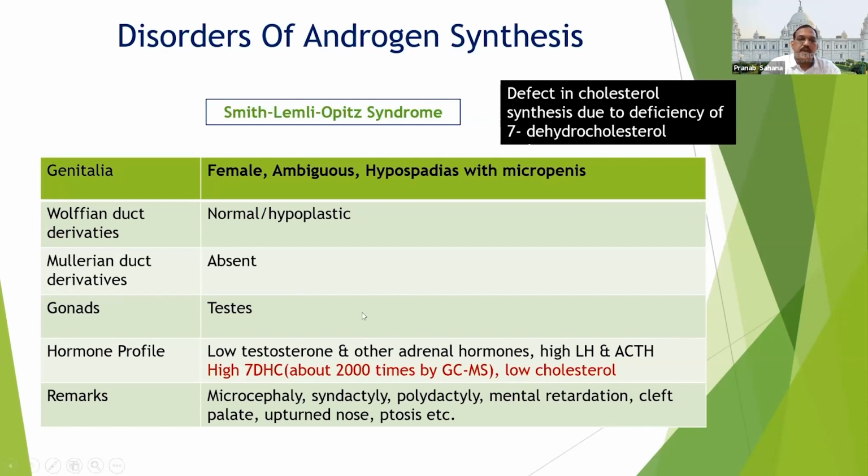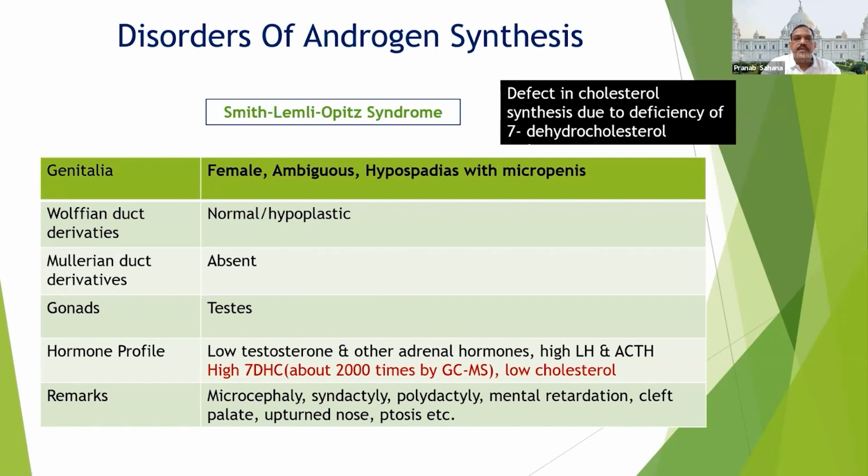This is sometimes associated with different other anatomical features like microcephaly, syndactyly, mental retardation, ptosis, and other features. So hormonal profile will be low testosterone and other adrenal hormones, and high LH and ACTH hormone. And one of the interesting features is that patient will have low cholesterol level and high 7-dehydrocholesterol level.